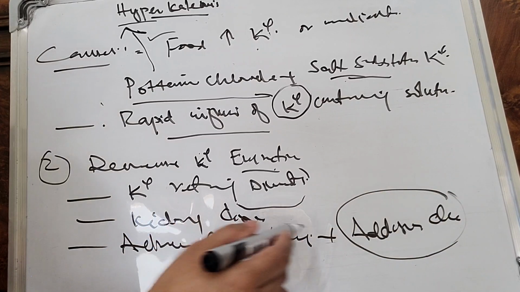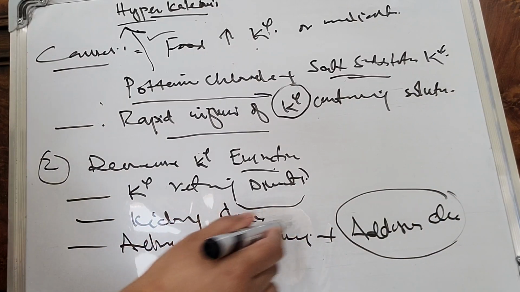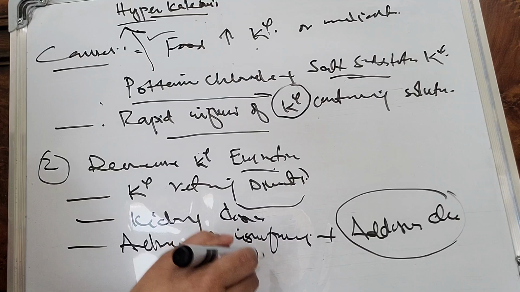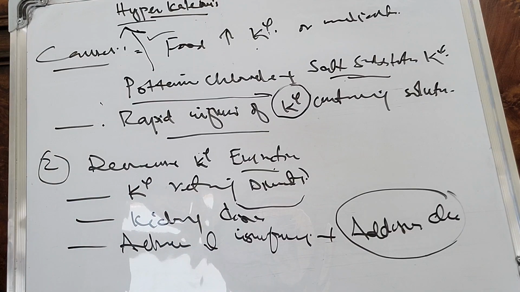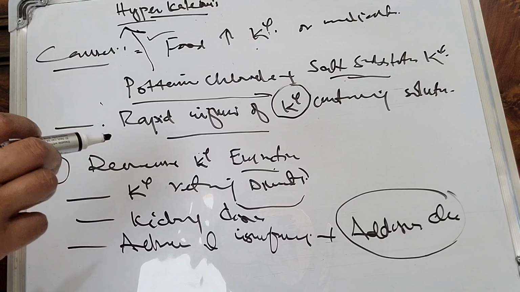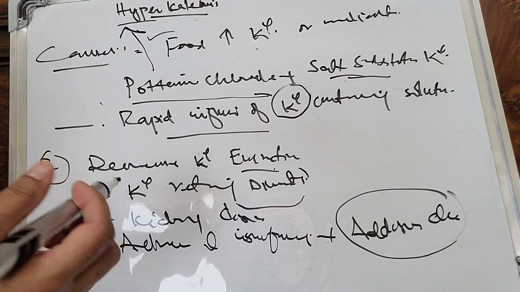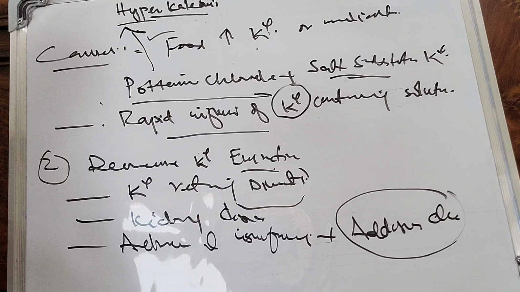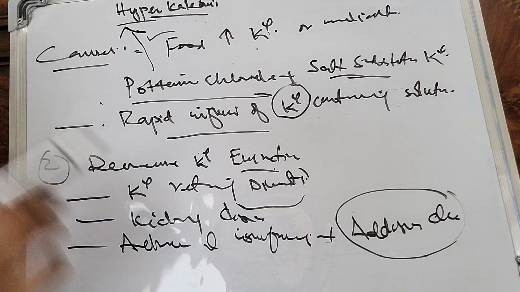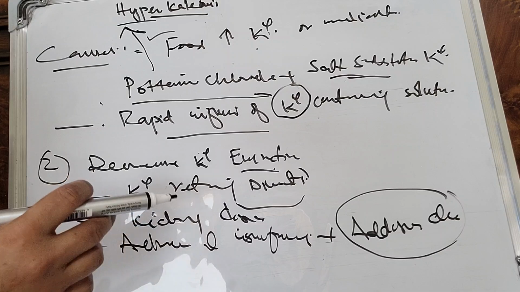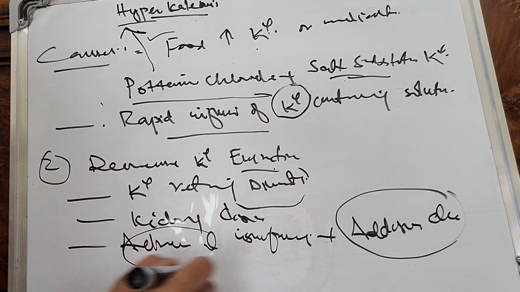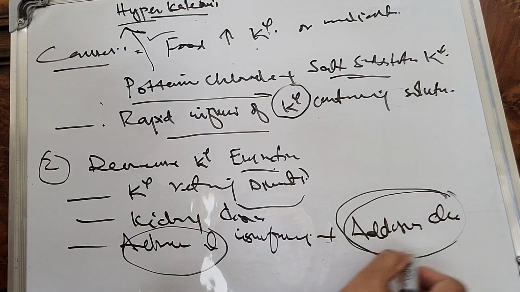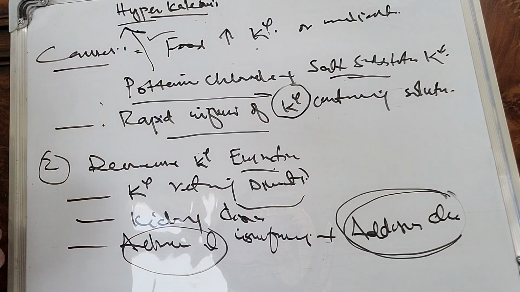Addison's disease is an insufficiency of the adrenal gland. But in hypokalemia, Cushing syndrome, there is increased secretion of aldosterone, whereas in hyperkalemia there is adrenal insufficiency, like Addison's disease.